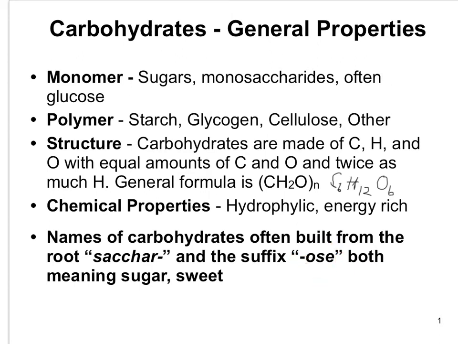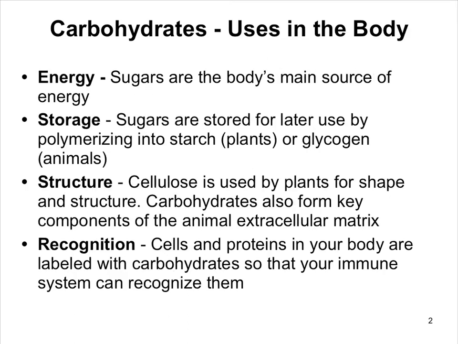You will also often see gly or glu in the names of things that are carbohydrates or that have carbohydrates in them. For instance, a peptidoglycan is a protein with sugar groups on it. Peptid means protein. We'll get to that in a second. That glycan means gly, sugar. Anytime you see gly, glu, saccharide, or ose, you're probably talking about some sort of carbohydrate.